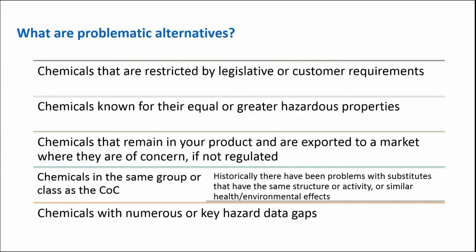And of course, you must recognize the importance of decision rules on how to address the use of chemicals with numerous hazard data gaps. With new scientific data, you may learn that the substitute you've invested in presents issues that you have not prepared to manage.